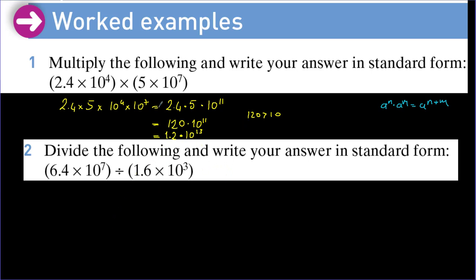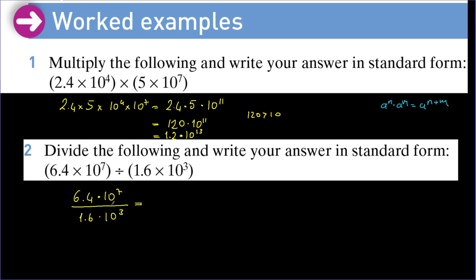Here, as I did in the first part, I'm going to collect the numbers together first, then the powers of 10 together, but I have to write it as a fraction to understand better. 6.4 times 10 to the power of 7 divided by 1.6 times 10 to the power of 3.